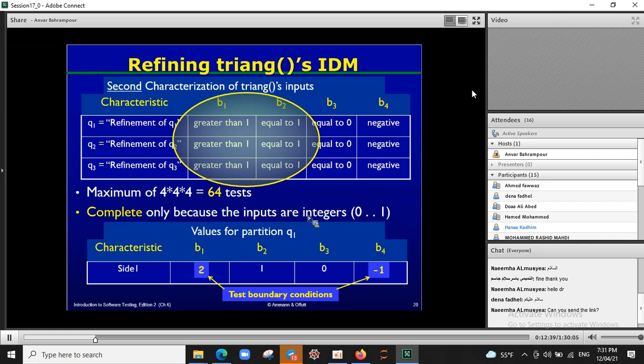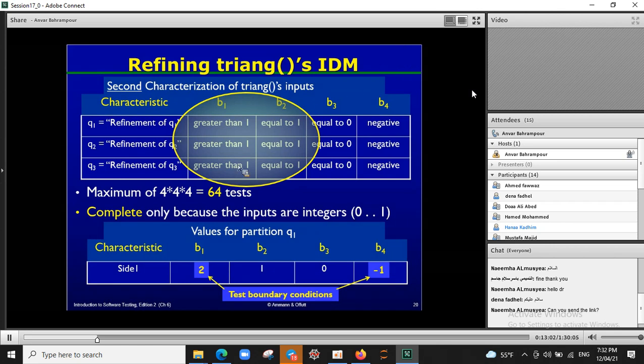However, in this case it is complete for integers. So it is complete only because the inputs are integers, and no value between 0 and 1 could be used as the size of a side of our triangle.